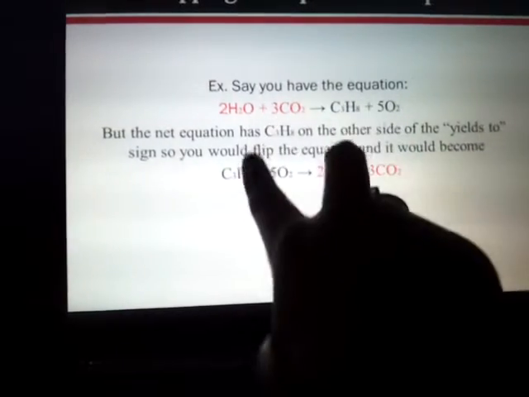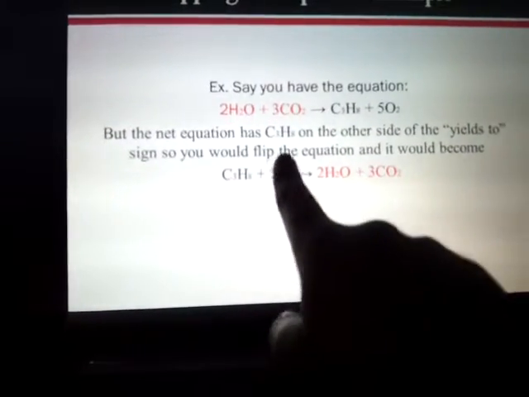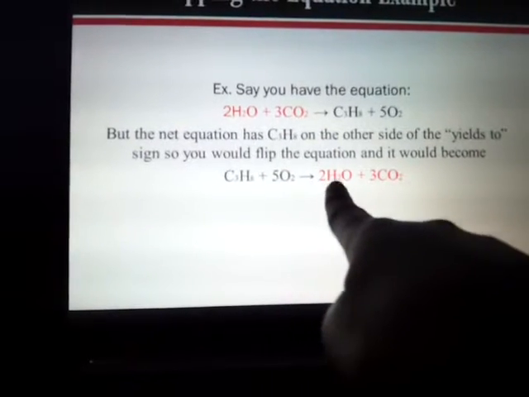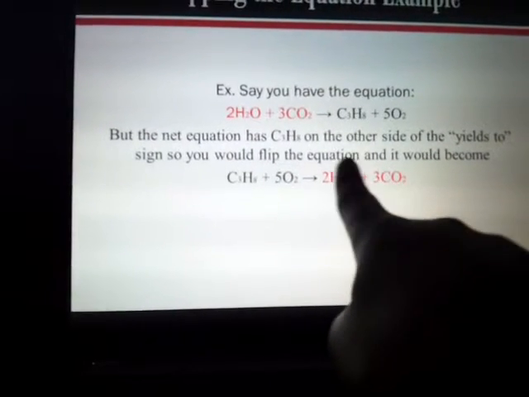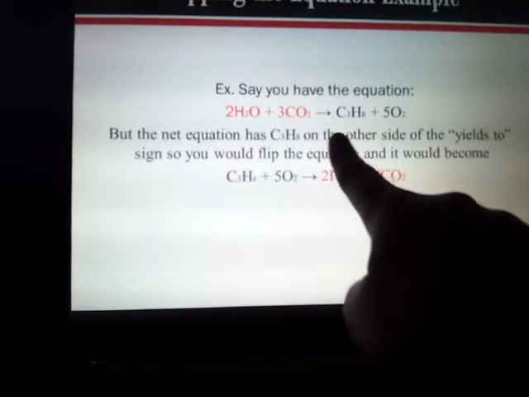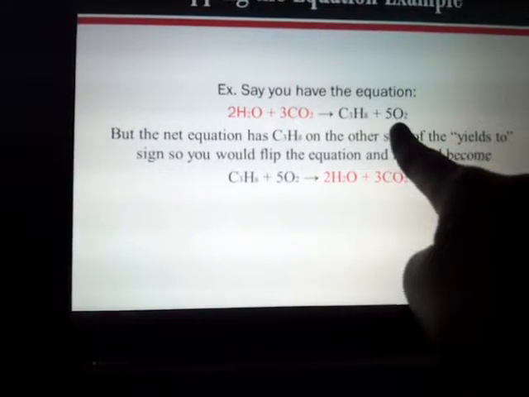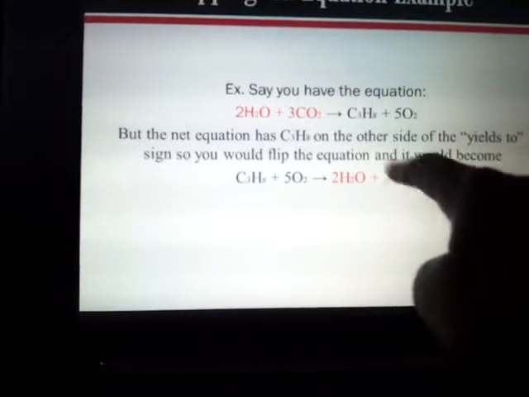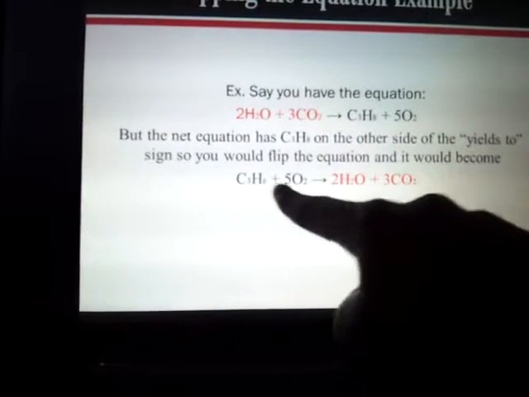So what you would do is flip the equation. What's in red would end up on the right side of the yields symbol, and what's in black would end up on the left side, and this would be your final flipped equation. So it goes from this to this.